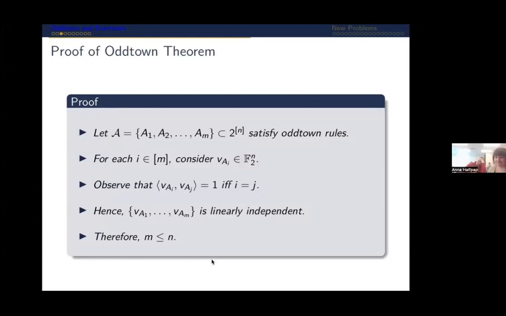So you get a 1 every time you have an overlap between A_i and A_j? Exactly. But you would get an even number of 1s. Oh, I see. Okay, thank you. And then you get an odd number when they are the same set or the same vector.